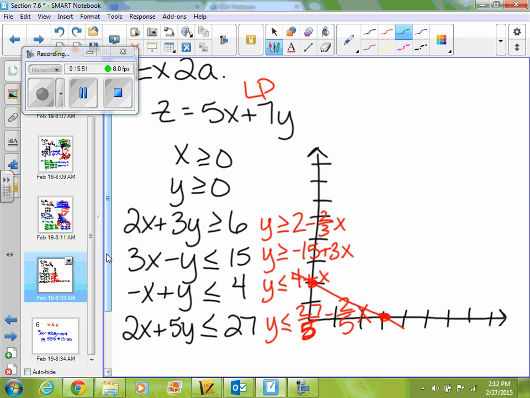Okay. I look at my second line. I see that that crosses my x-axis at 5 and goes up. And if I look at my third line, I can see that that crosses my y-axis at 4 and then goes down.